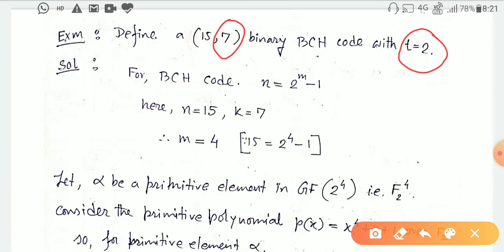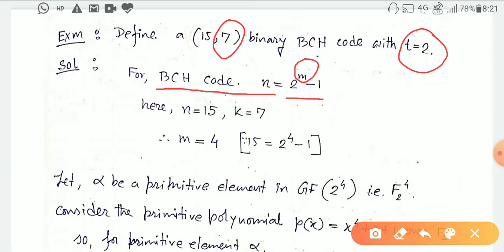For the BCH code, as we know, n, that is the code word length, should be equal to 2 to the power of m minus 1, where m is a positive integer.